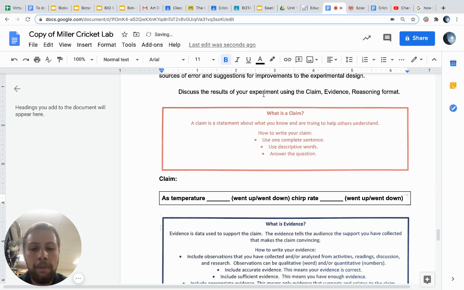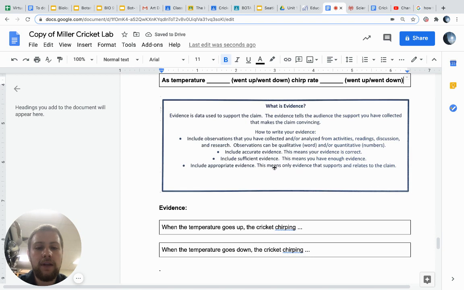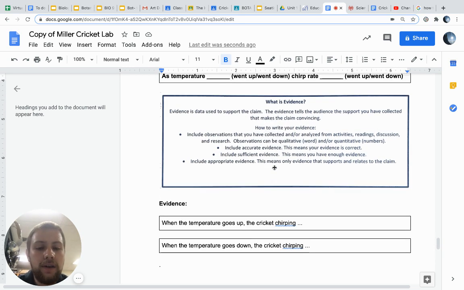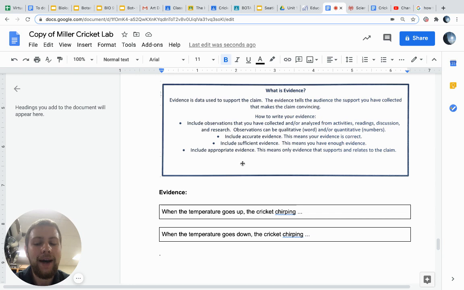Next, we want to use specific data evidence, and we want to include observations of quantitative data, actual numbers that we found. So we want to include accurate, sufficient, and appropriate evidence. We wouldn't want to cite how in our background research crickets were said to have magical powers in Africa, because that wouldn't be appropriate or relevant evidence to talk about how chirp rate is impacted by temperature.